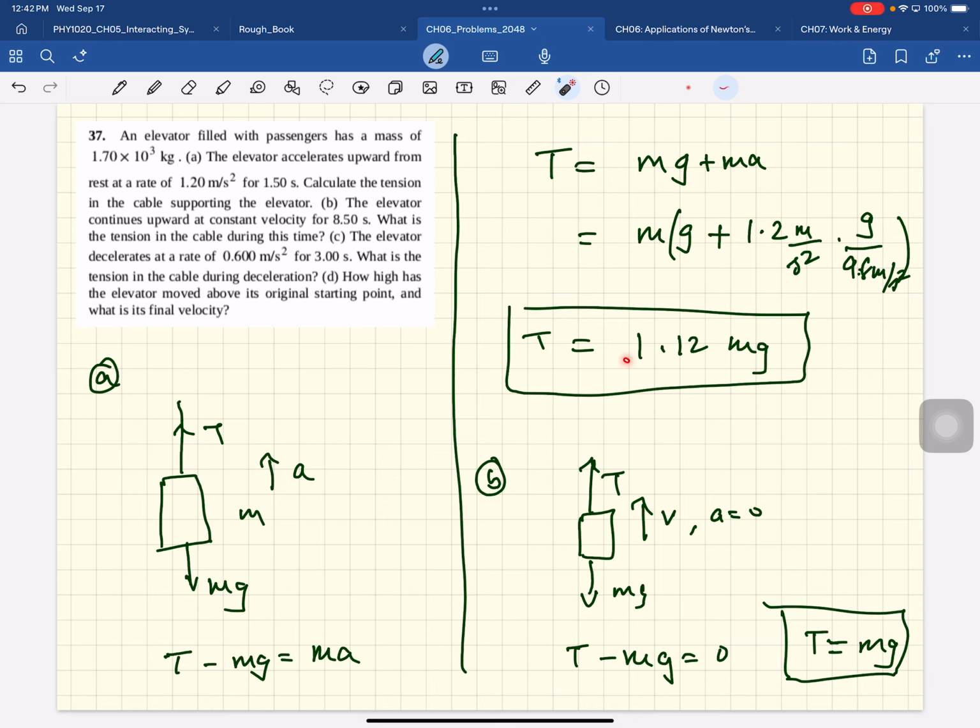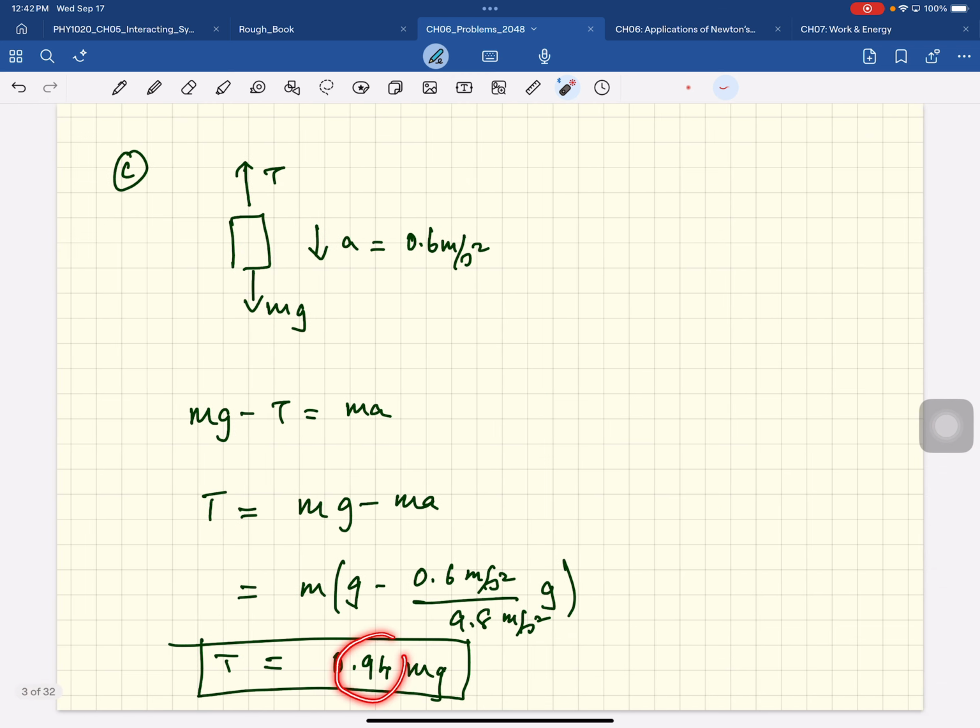All right, so the tension was 1.12 mg when it was accelerating upward. When it was moving at constant velocity, it was mg, and 0.94 mg when the acceleration is downward.